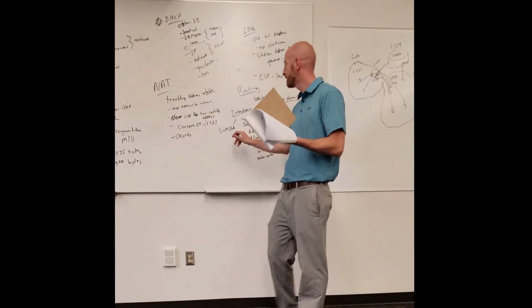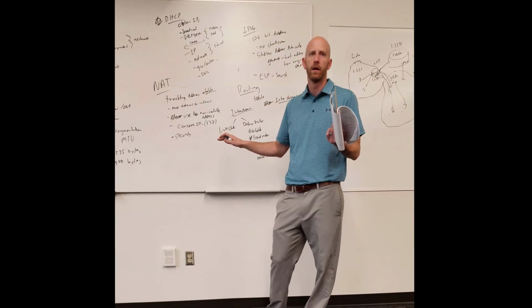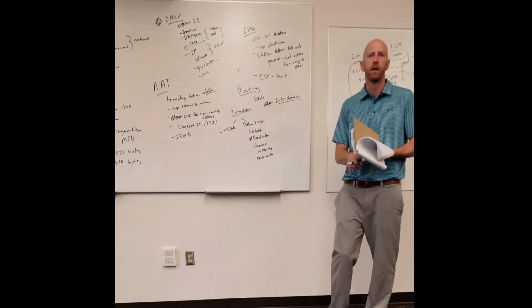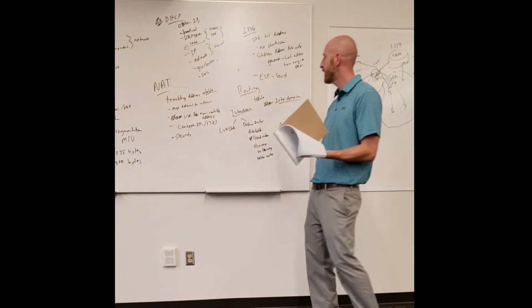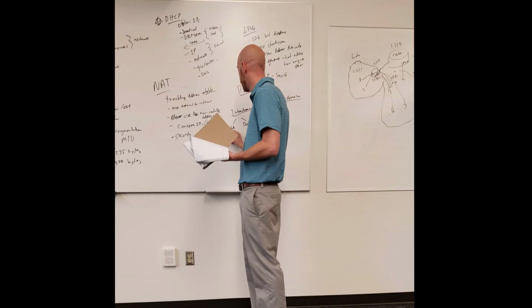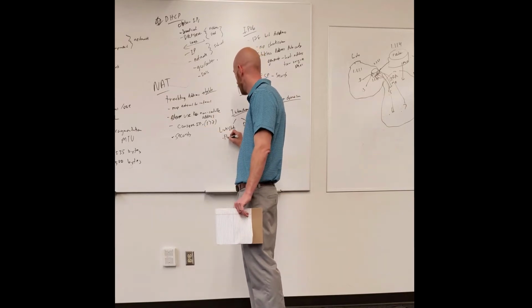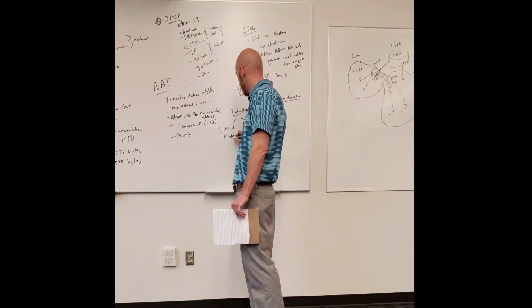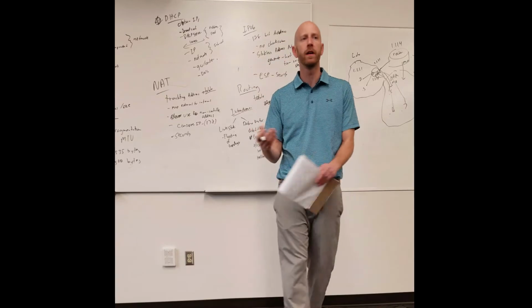What's different with link state? It's centralized in the fact that we have to do some sort of flooding of the topology, right? So we have to let everyone know.